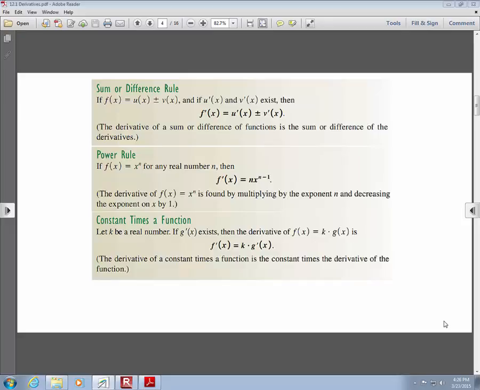So I can take the derivative of these functions, but I have to take one term at a time. How many terms do I have? I have 1, 2 terms. So I'm taking the derivative of each term one at a time. So what's the derivative of 2x cubed? Remember, you go 3 times 2 is what? 6. So I got f prime of x is equal to 6x.